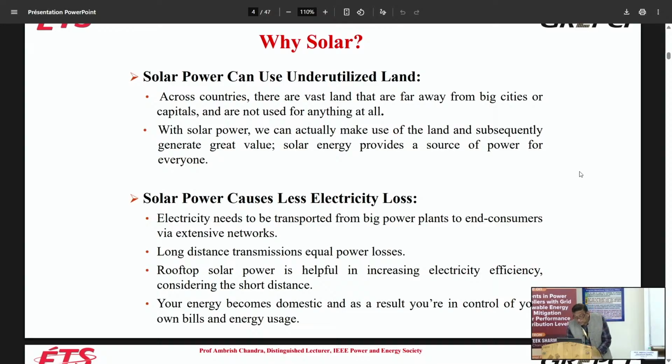Long distance transmission lines mean power losses, while a rooftop solar panel is right near the load, so there is hardly any loss. It increases electricity efficiency considering the short distance. Your energy becomes domestic, and as a result, you are in control of your own bills and energy usage.